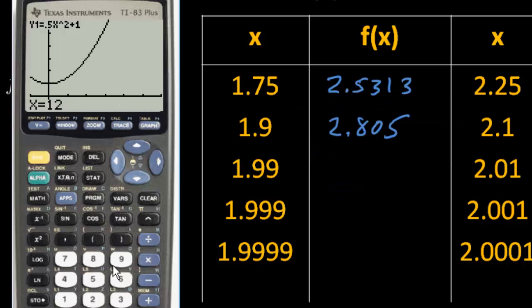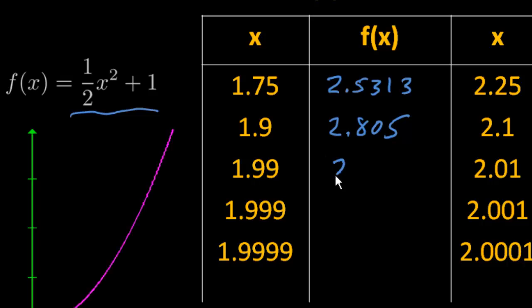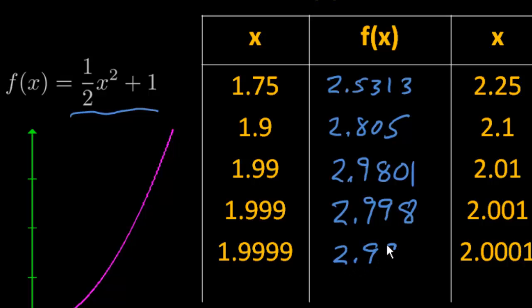We can do 1.99. That gives us 2.98005, which I can round to 2.9801. And if you keep doing this, you're going to get 2.998, and then 2.9998.